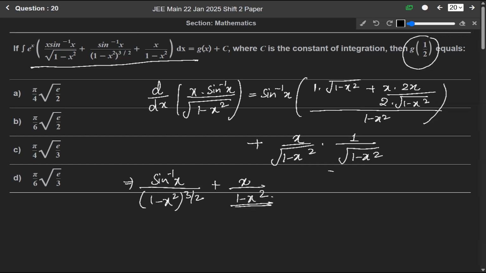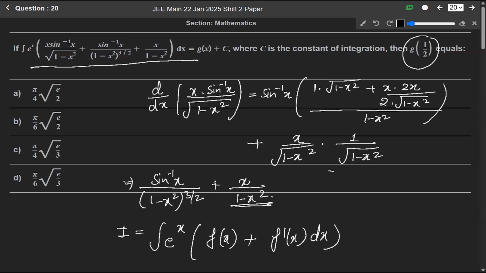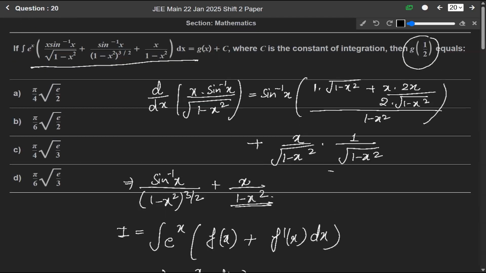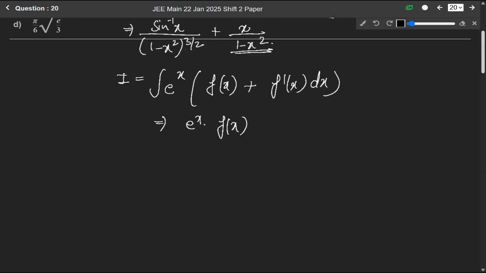So here I is equal to the integral of e^x [f(x) + f′(x)] dx. Now this can be written as e^x f(x) plus a constant c, where c is the constant of integration.